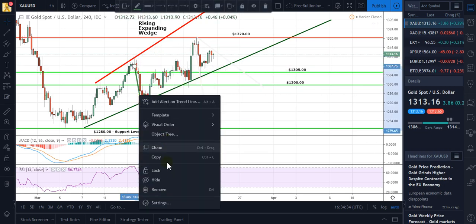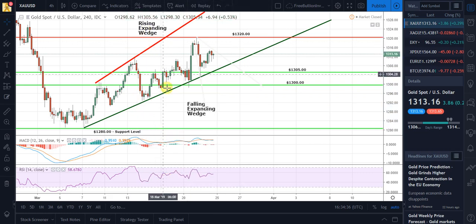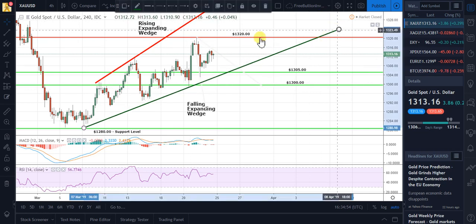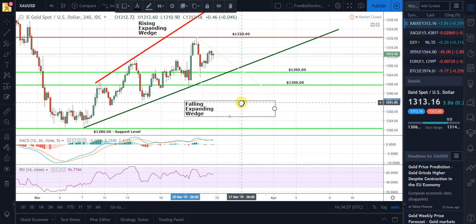And the rising expanding wedge, the large negative pattern here, was tested, and the price of gold did fall below it, but it did not close below it. So if it doesn't close below it, then in my personal point of view, I don't think it should be a confirmed pattern. But it can be expanded to that low. So that's what I am going to do for the rising expanding wedge.